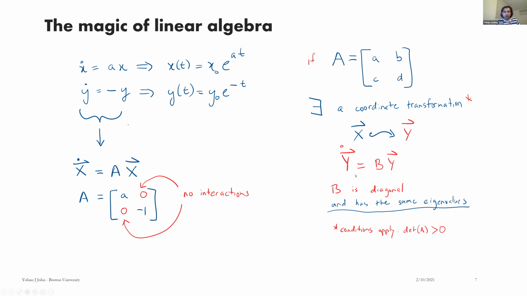So in this new coordinate space, you are once again in this diagonal realm. And very crucially, B has the same eigenvalues as A. So you can study the system in this other space, and then convert back if you like. But we don't have to do that because of B having the same eigenvalues. So we can treat this as a sort of trick.